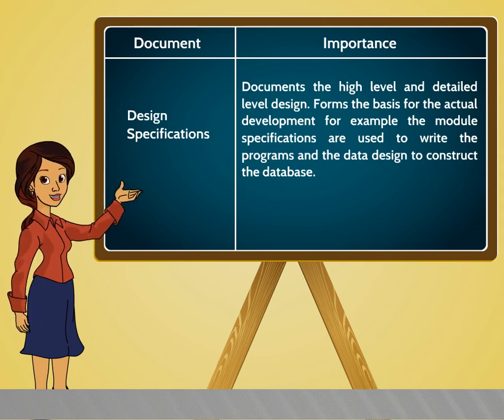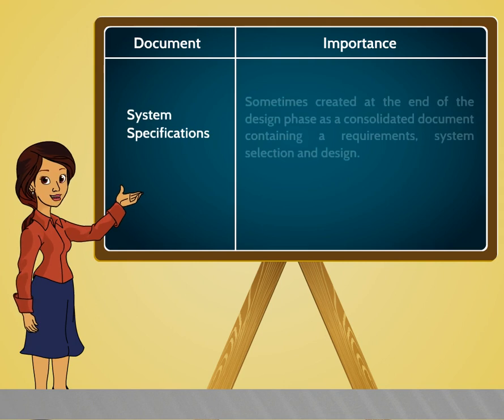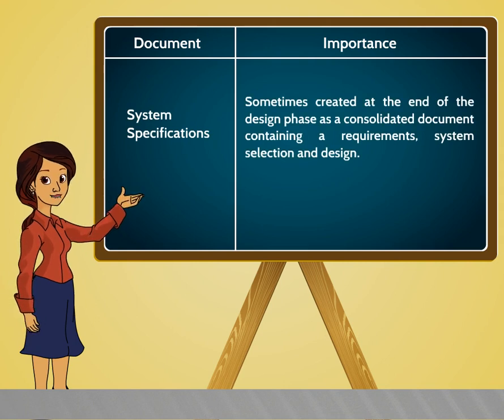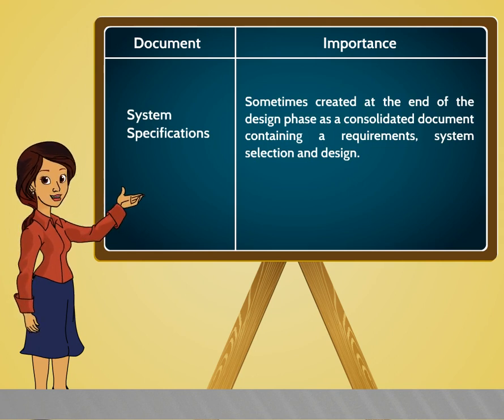Documents the high-level and detailed level design and forms the basis for the actual development. For example, the module specifications are used to write the programs and the data design to construct the database. System specifications. Sometimes created at the end of the design phase as a consolidated document containing requirements, system selection, and design.